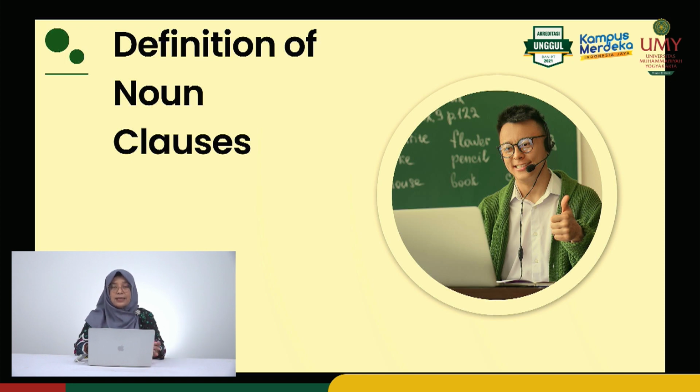But in this noun clause, this dependent clause is functioning to replace the noun instead of clarifying the noun. So you will not find the noun that is explained by the noun clause here. So that is the function of noun clause. And that is also the definition of noun clause.